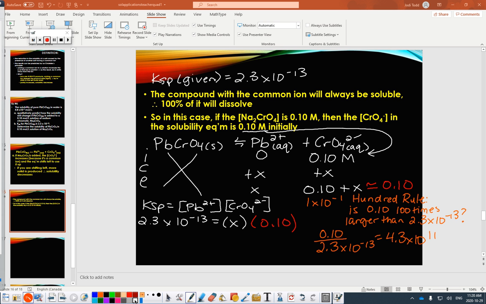Okay, so we are ignoring the x here. You can't ignore this x, we need an x. But whatever is with the number, we're going to use this approximation every single time, even in the next unit. So now you divide by 0.1. You can use the quadratic formula, but you don't need to.